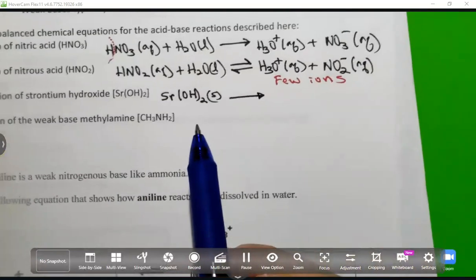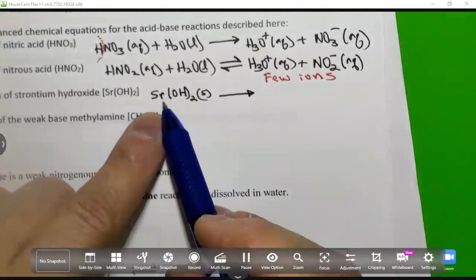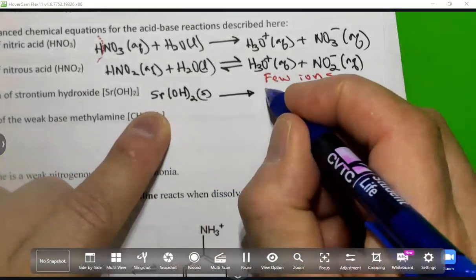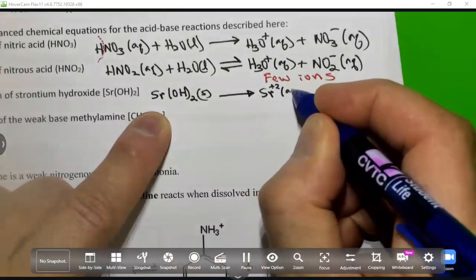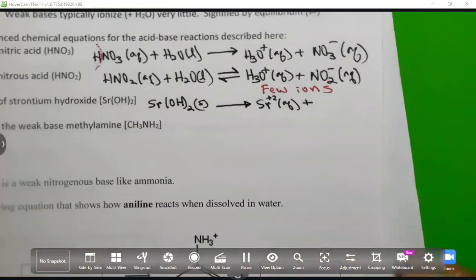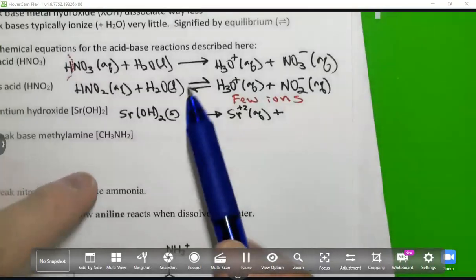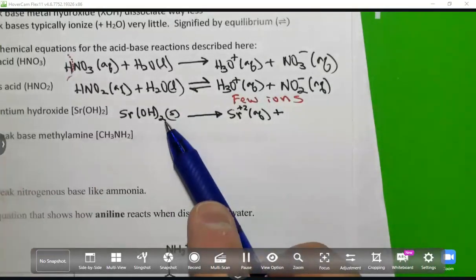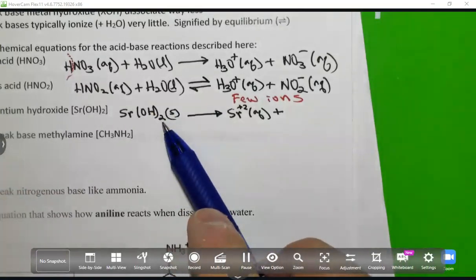So in this case, strontium is always +2. So floating around in solution, strontium +2 aqueous plus, there's where students really make mistakes. This produces 2 OH minuses. Don't keep OH with a 2 there.